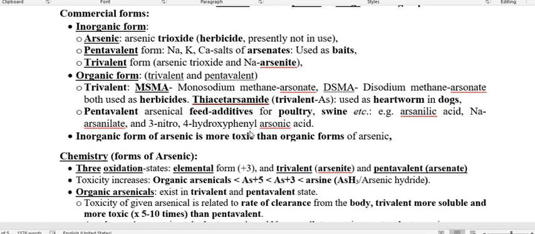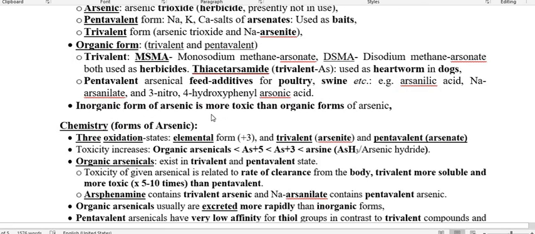The trivalent amount is more within the poisoned animal, because the solubility of trivalent is more, so more gets absorbed and the chances of toxicity are more, and the rate of excretion is also slower than the pentavalent form. That is why the trivalent is more toxic.